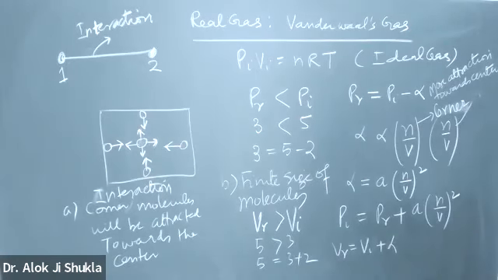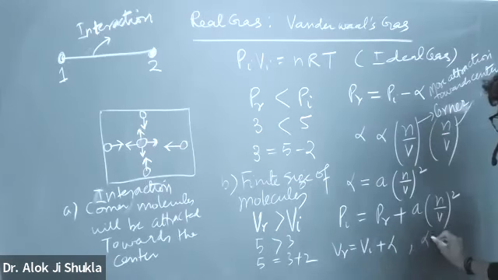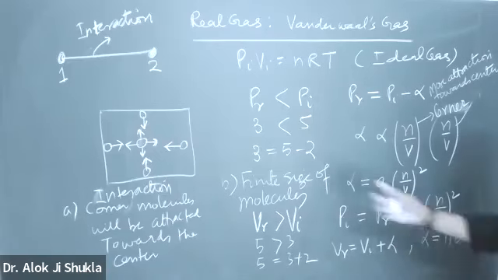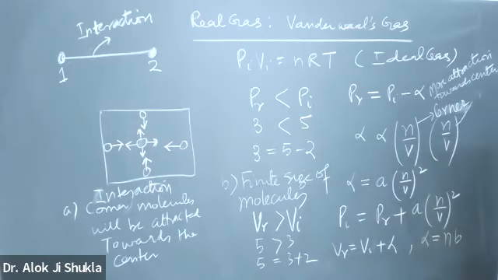Yes, sir. And this alpha is equal to N into B. Number density, I mean number of moles. More the number of moles, more will be the molecules, more is the space occupied by them, and B is the property of the molecule.